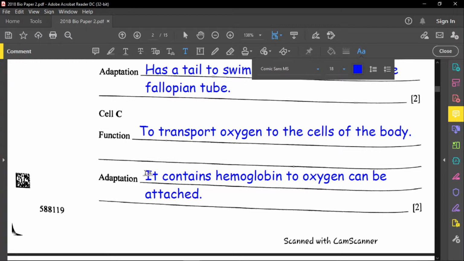All right, so great. So the hemoglobin will allow oxygen to attach to it. And so they carry oxygen to the cells of the body. Cells will use this oxygen for respiration. Also, it will take away carbon dioxide as well.